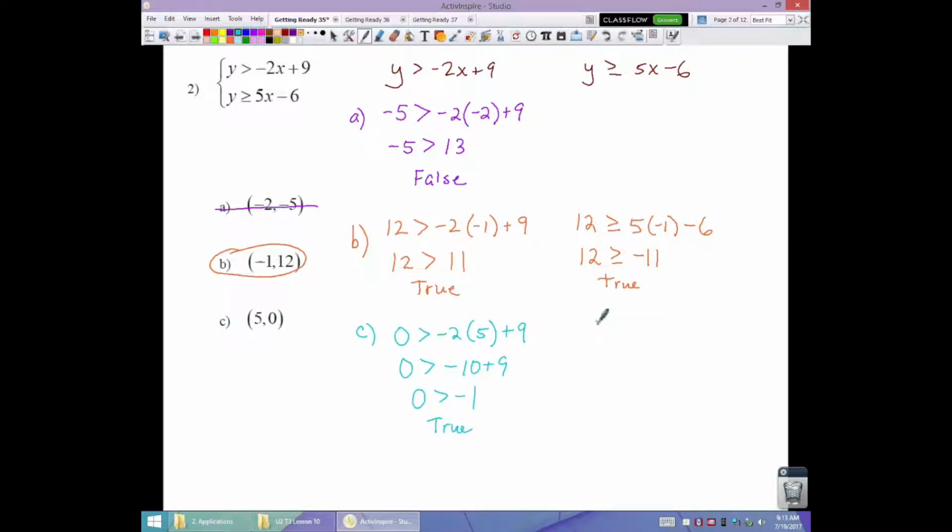Try it in our second inequality. Replace y with 0 greater than or equal to 5 times the x value of 5 minus 6. So 0 is greater than or equal to 25 minus 6. 25 minus 6 is 19. So 0 greater than or equal to 19 is false. So this one does not work.